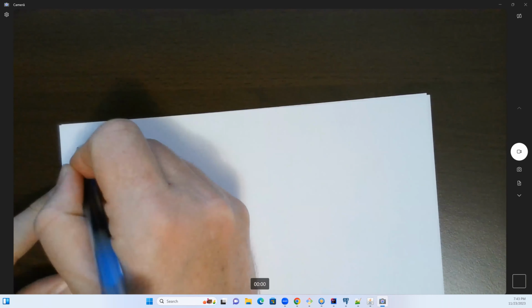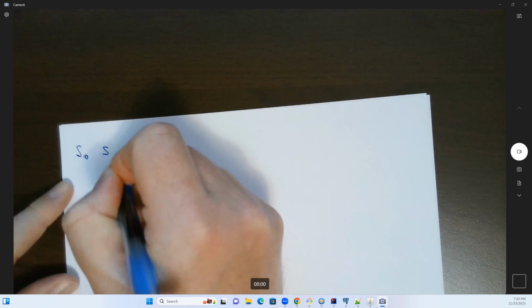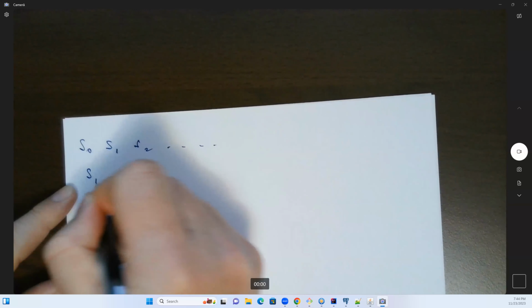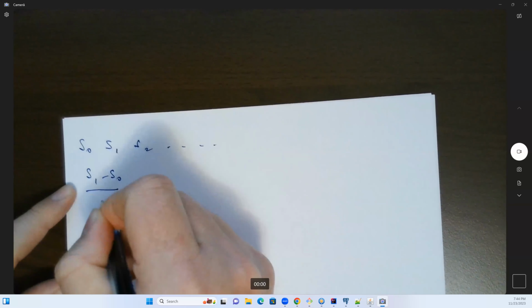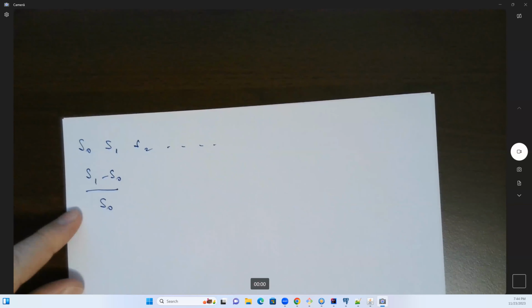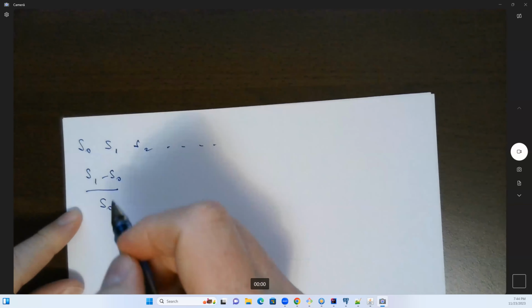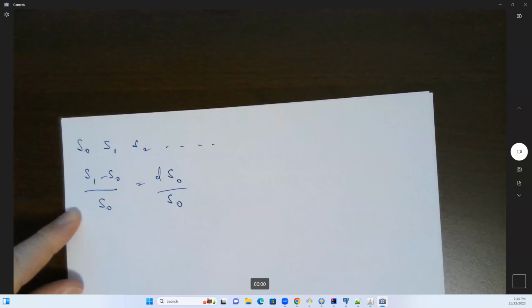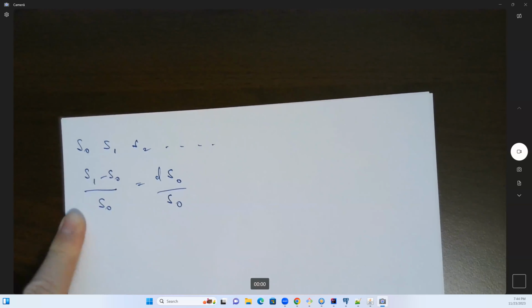So if we have stock prices S0, S1, S2, different days, what's a relative move? So the relative move from one day to the other is something like S1 minus S0 over S0. So this is the relative move.